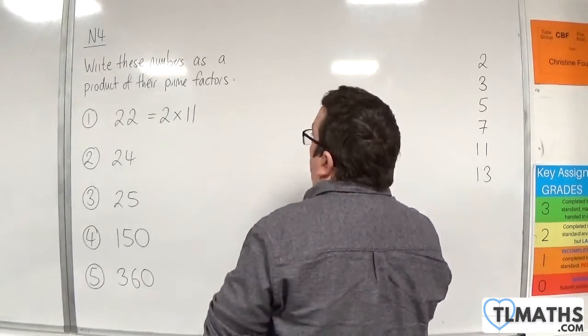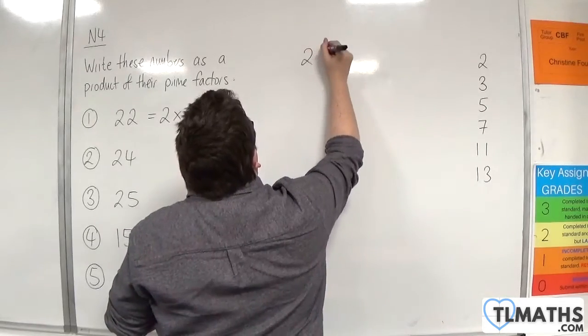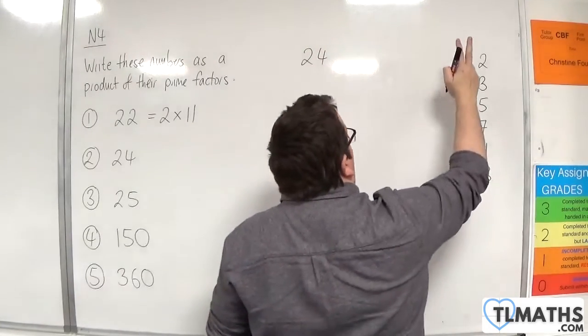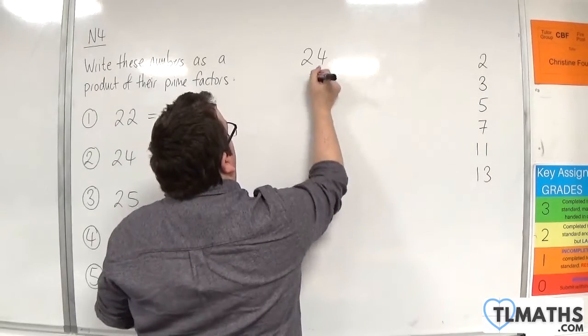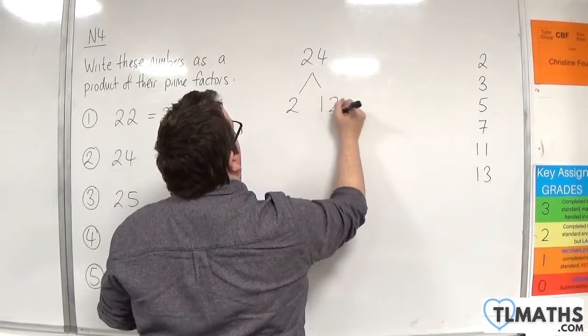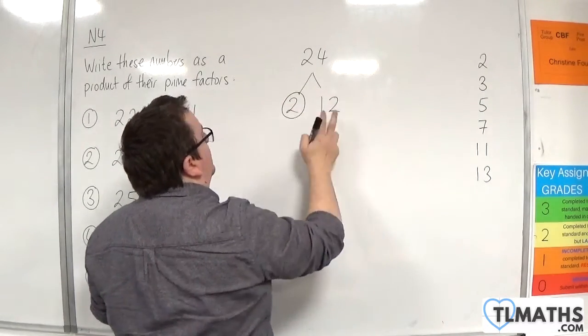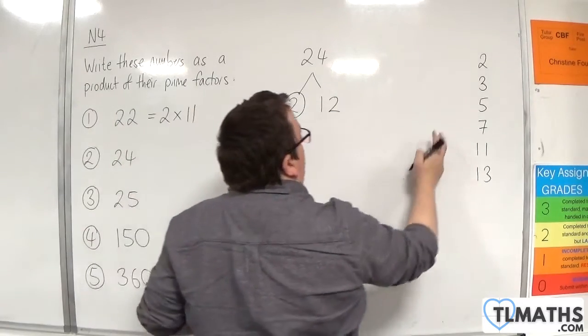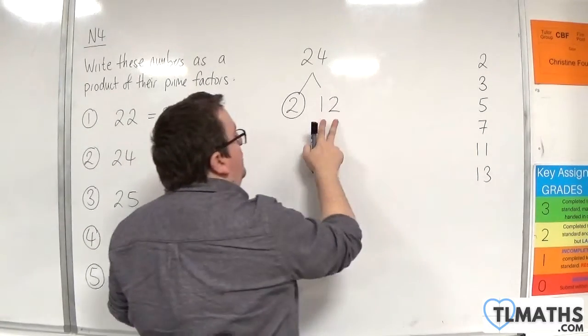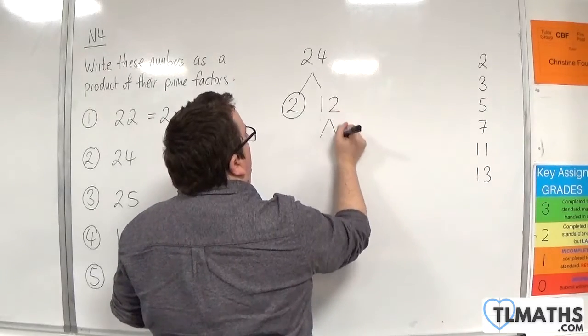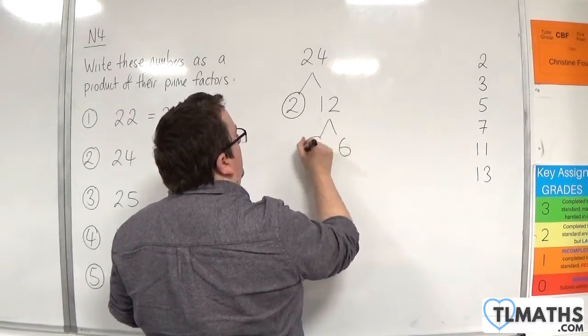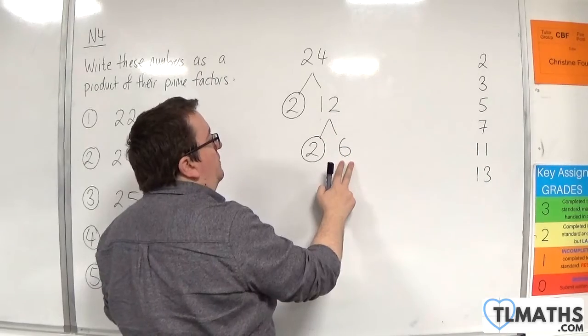Okay, 24. From the top of the list, does 2 go into 24? Yes, it does. It goes in 12 times. Now, 2 is prime, but 12 is not. So we go back to the top of the list. Does 2 go into 12? Yes, it goes in 6 times. 2 is prime, 6 is not.